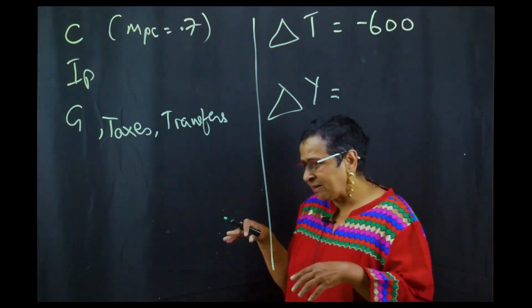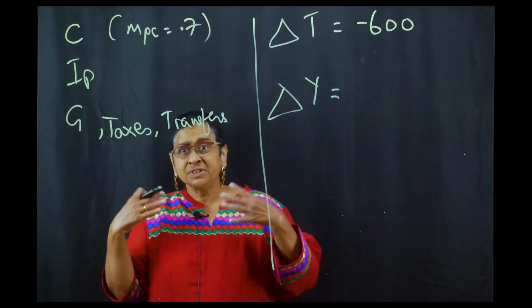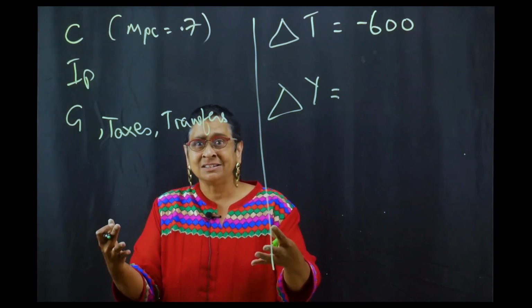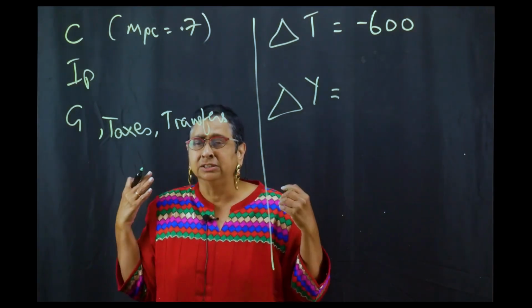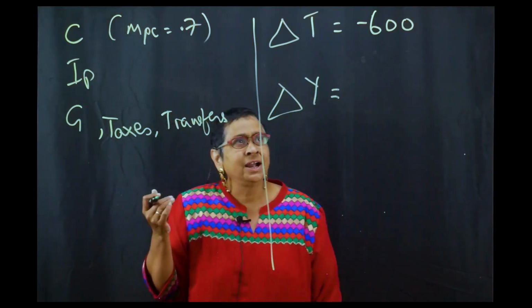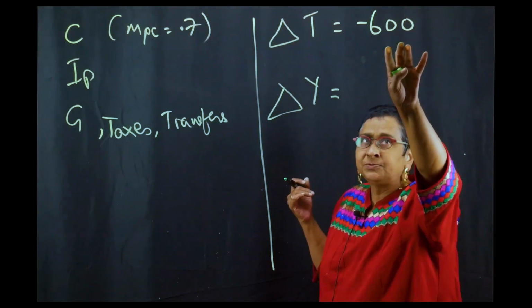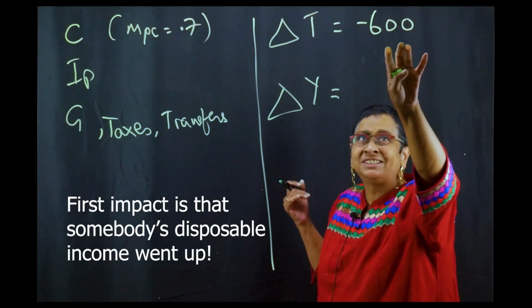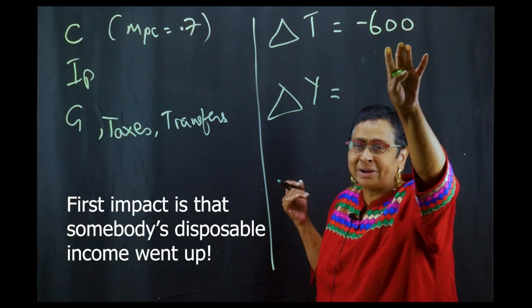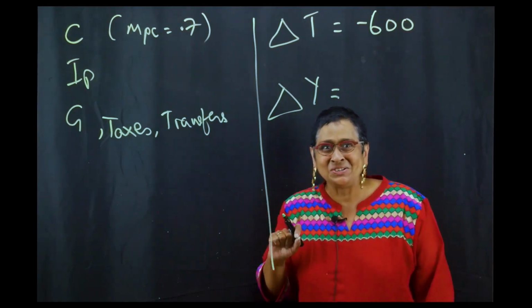Because when the government took 600 and went out and bought equipment, the first impact was it entered the expenditure stream and somebody got income of 600. In this case, when the government gives a tax cut of 600, the first impact is that somebody's disposable income went up by 600. Some of it went into savings, some of it went into consumption.